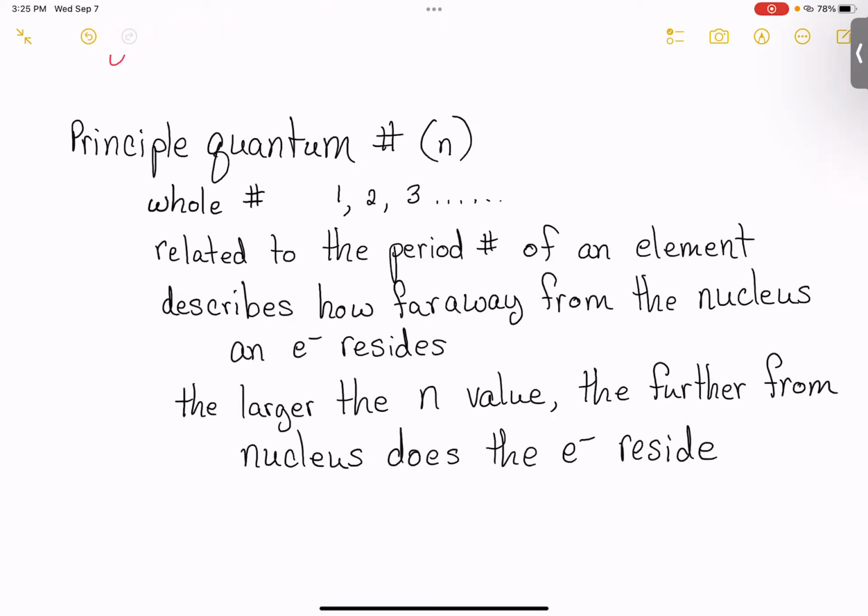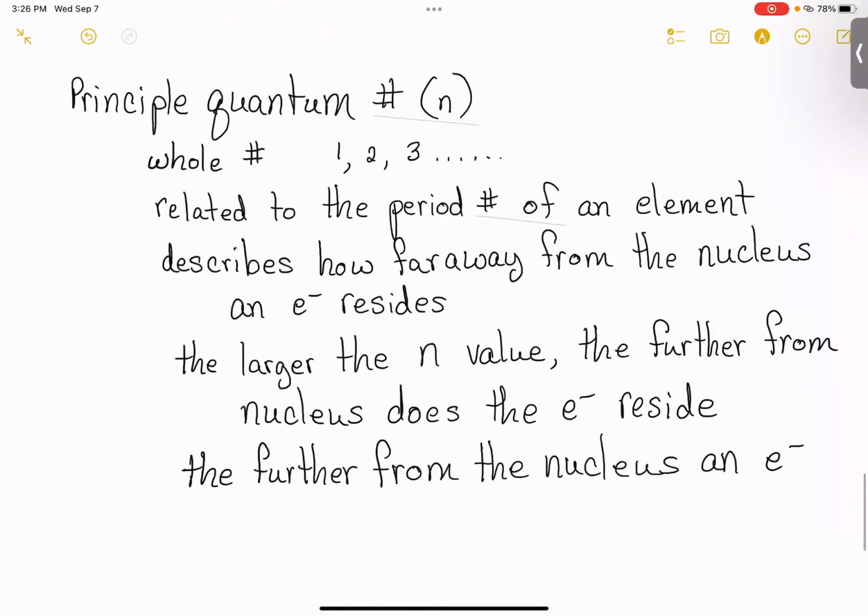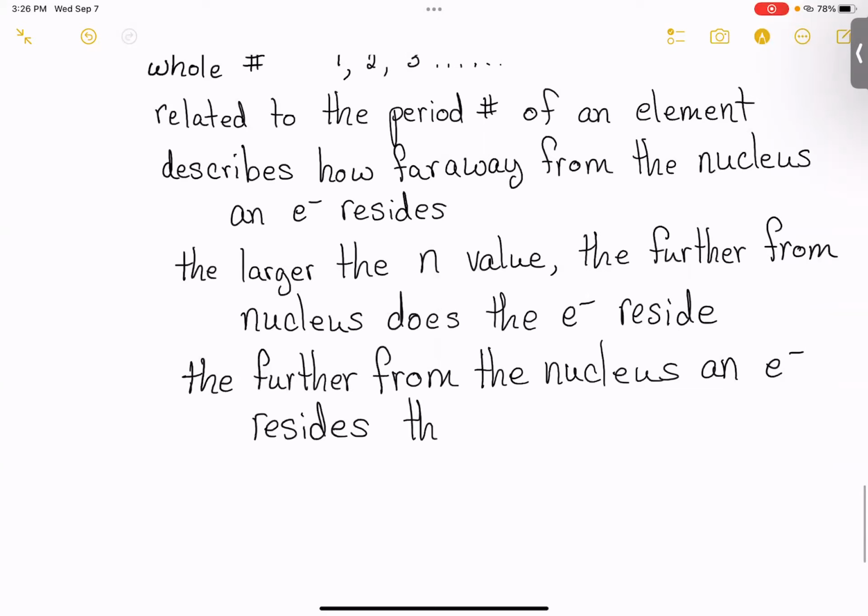Now that particular piece is important because the further from the nucleus an electron resides, the more reactive the atom of the element will be.